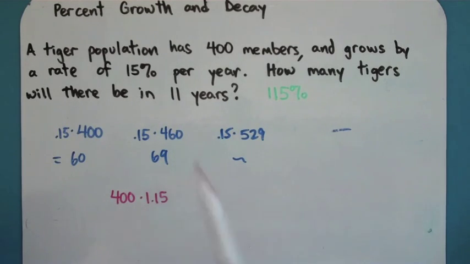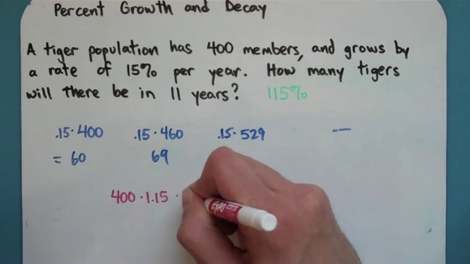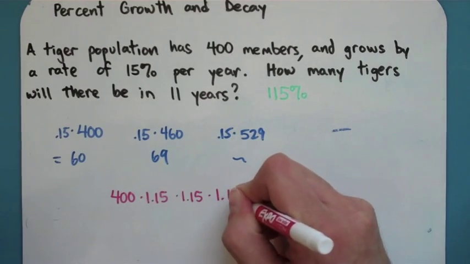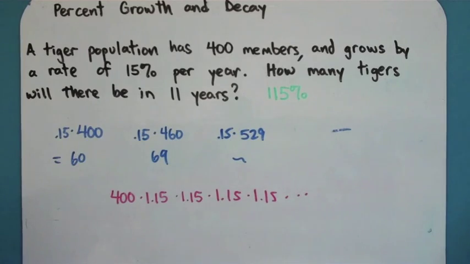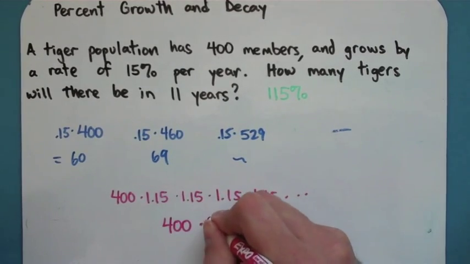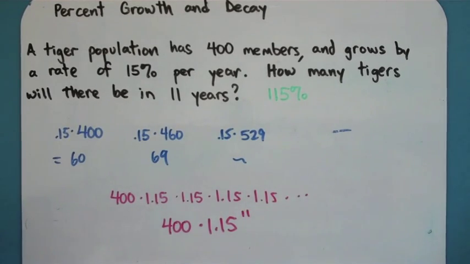My answer would be 460. Then I would take that answer and multiply by 1.15 again, and again, and again. Altogether, the number of times I would do that is 11, because I'm doing this for 11 years. So I'm going to do 400 times 1.15 to the 11th power, just to cut down on my work.